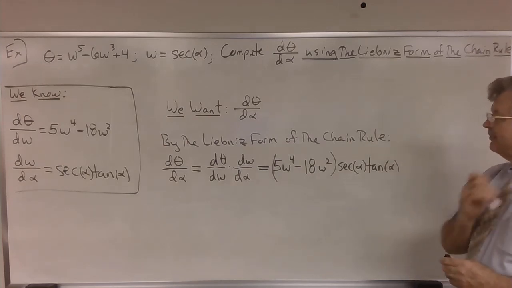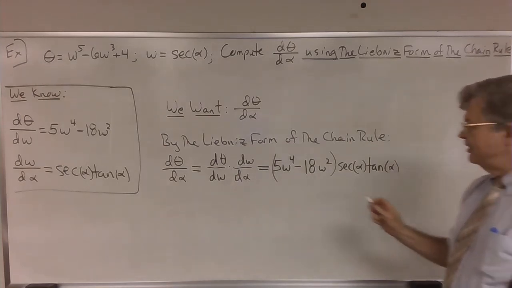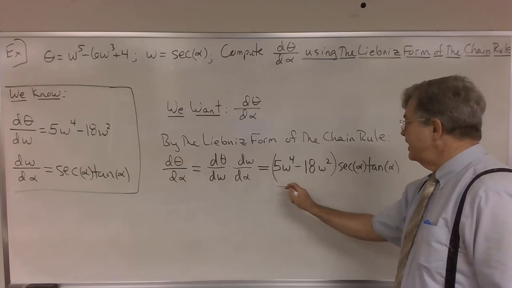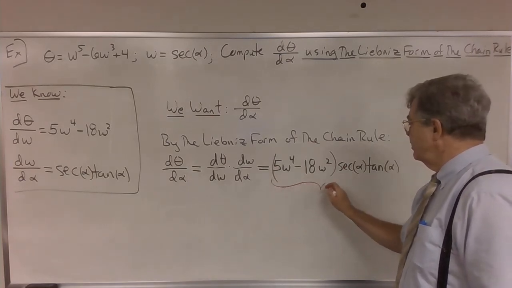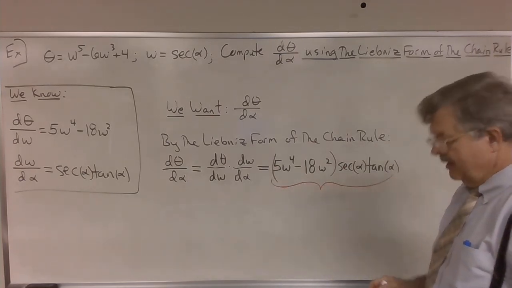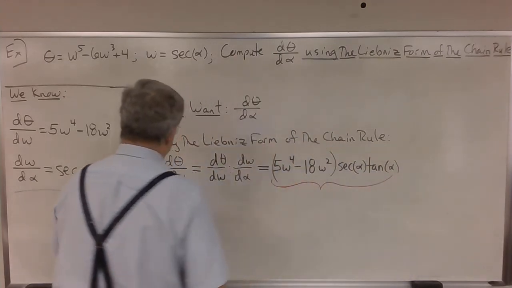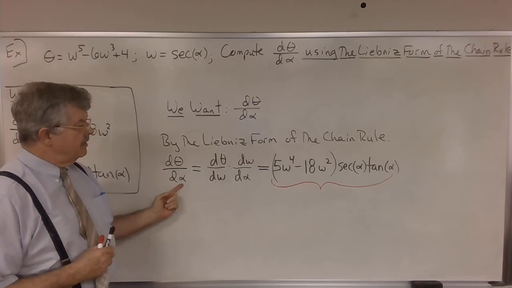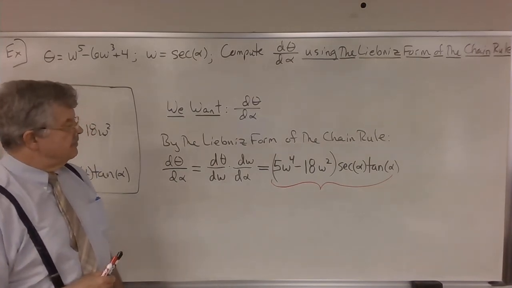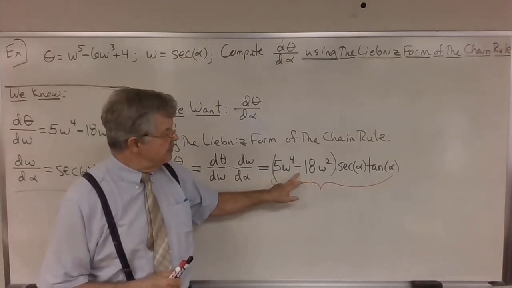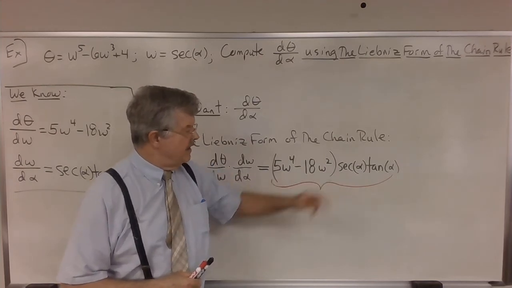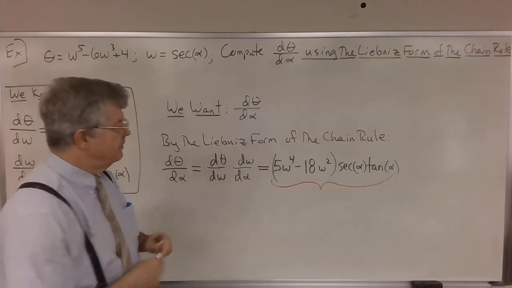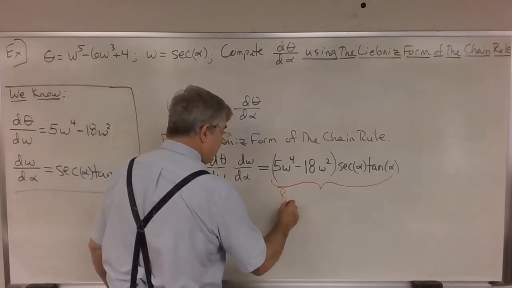And again, there's something not quite acceptable about the form that we have our answer in. We want to compute the derivative of theta as a function of alpha, but we have the derivative of theta in terms of both w and alpha. No good.